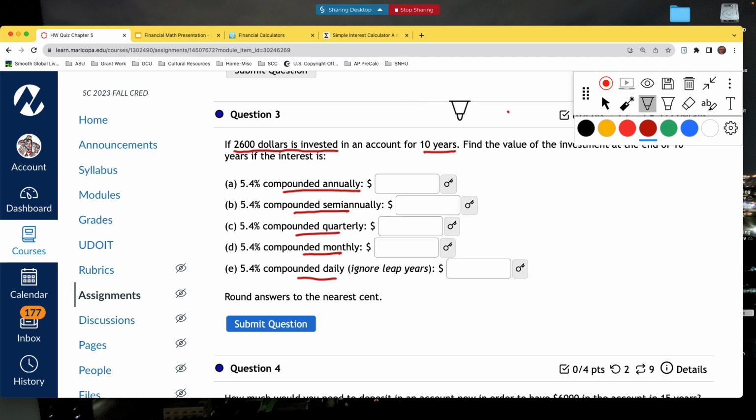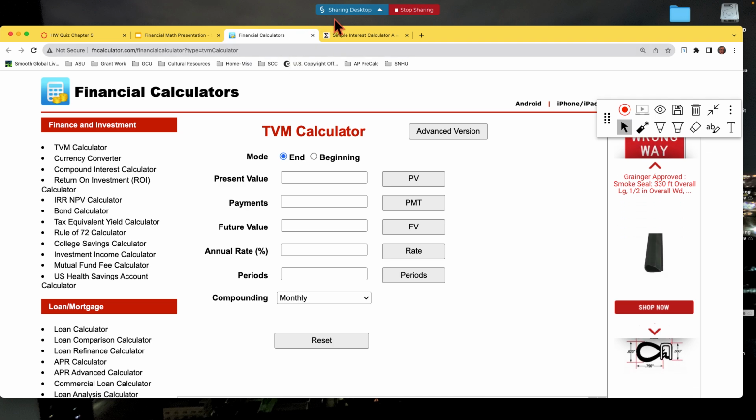So now this is the first time we're going to use the finance calculator, and I want to highlight something. When we're using this calculator, anytime money goes away from us, especially when we get to loans, we want to think of that as negative money. So if they're going to deposit $2,600, does that money go away from them?